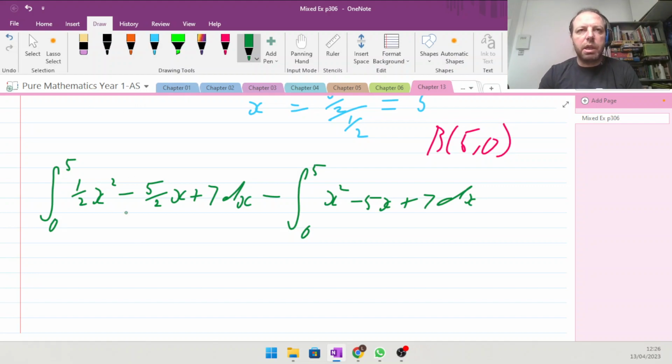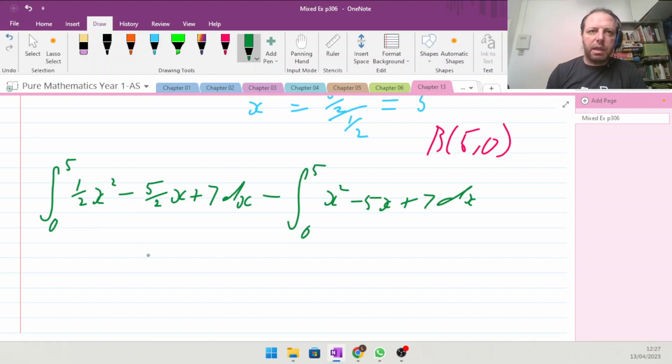Two things like that facing at me. I'm going to use the calculator and just put them in. We've done enough of these that we don't need to go through the stepping through, I don't think. A half x squared minus 5 over 2x plus 7, between 0 and 5.